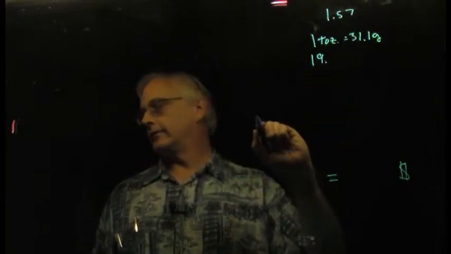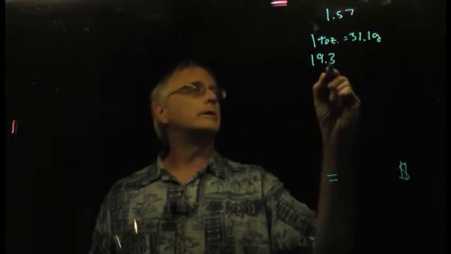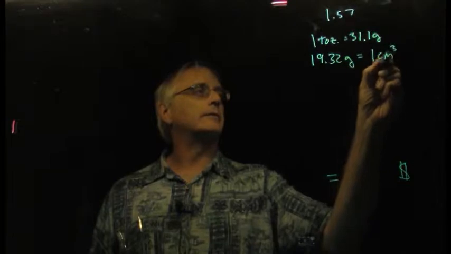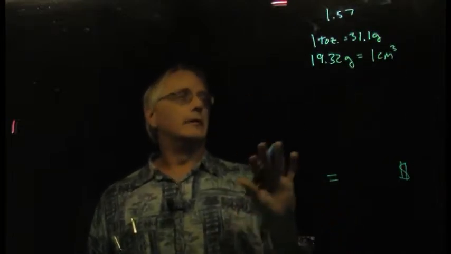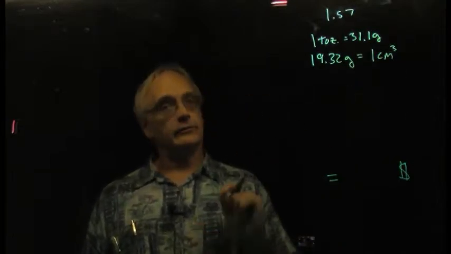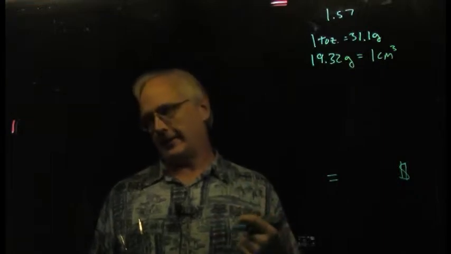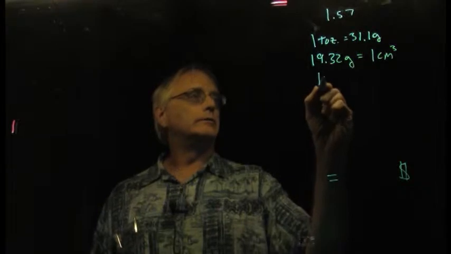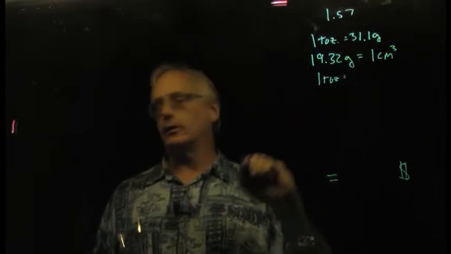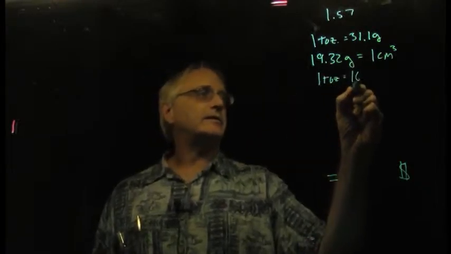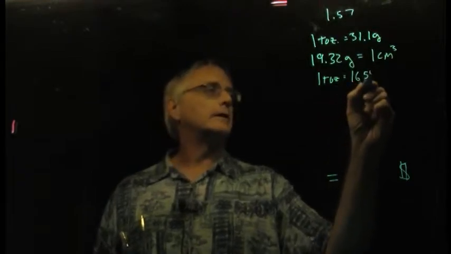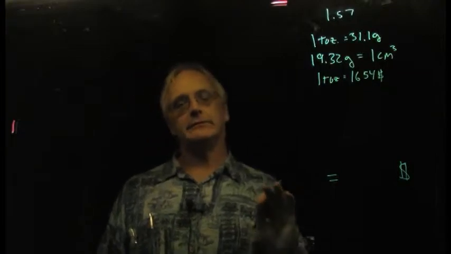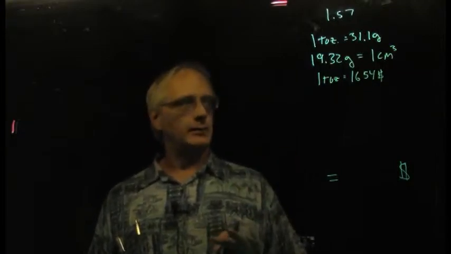You're told the density of gold is 19.32 grams per cubic centimeter, which is, of course, another way of saying that that number of grams and that number of cubic centimeters for gold are the same thing. You are also told that 1 troy ounce of gold is $54. Okay, that's the information given to us in this particular problem.